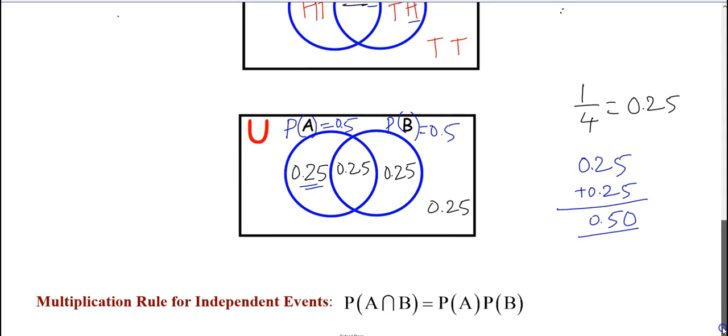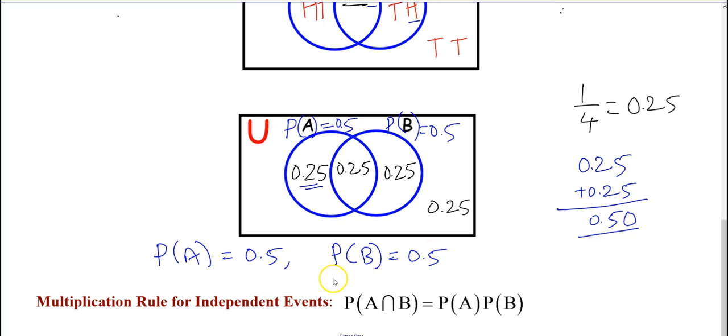So now we have the probability of A, that is P of A is equal to 0.5 and P of B is also 0.5.